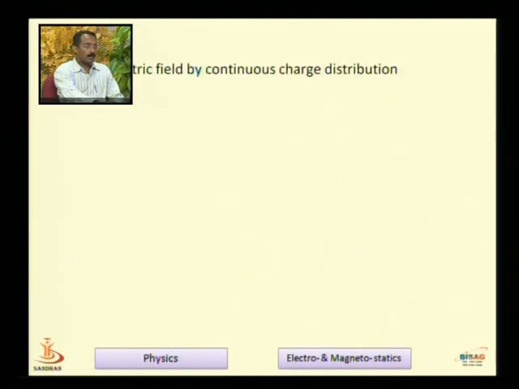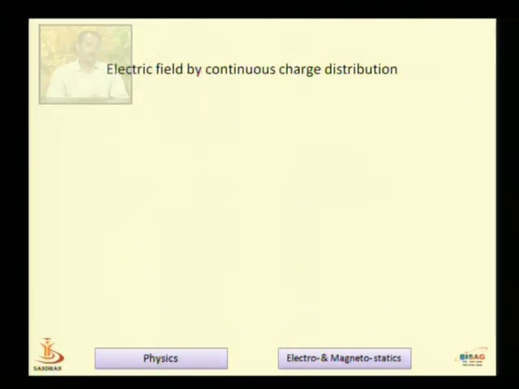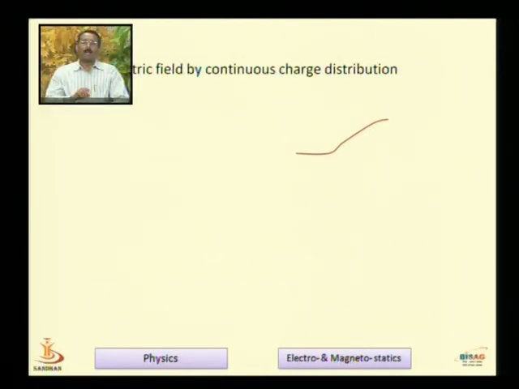Now we will carry on with the electric field by continuous charge distribution. So consider linear charge density. Here you can see a line is given along which the charges are distributed.